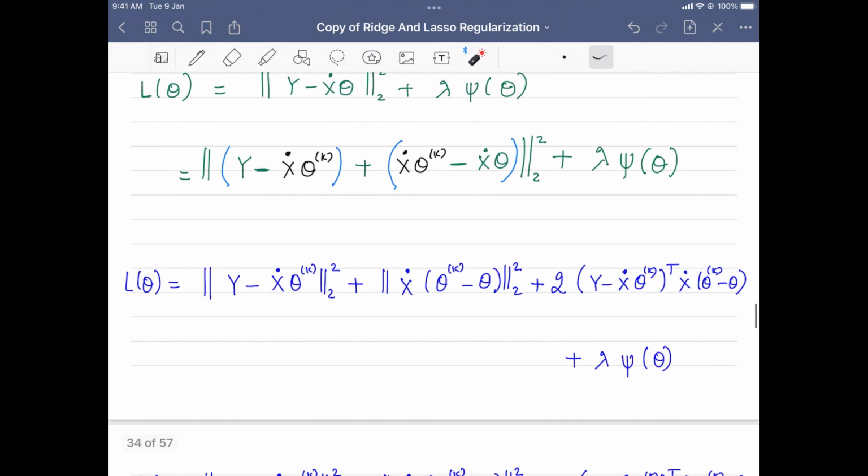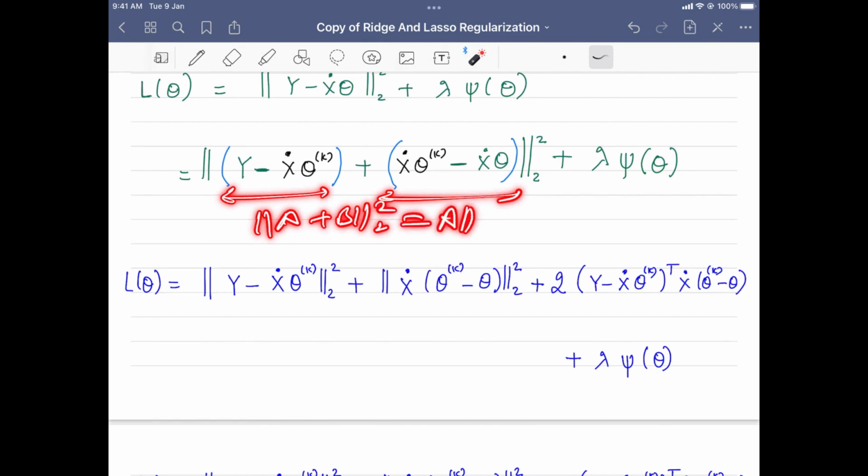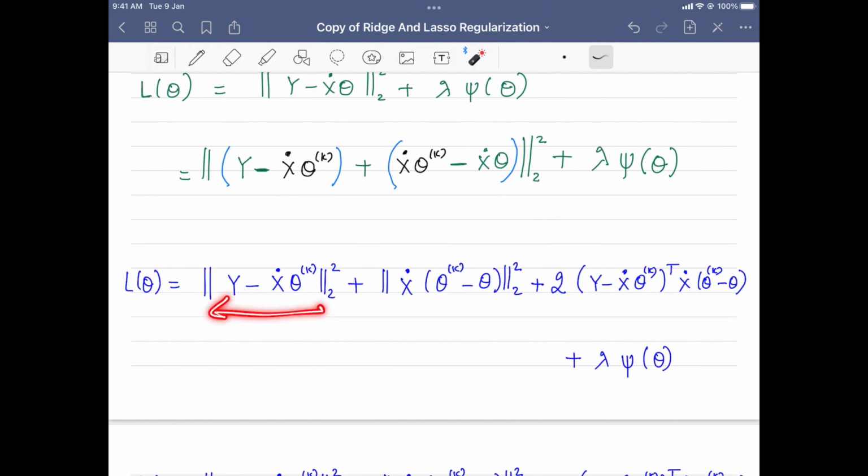Then you expanded the a plus b notation, so you write it as a square plus b square plus 2ab. That is the same thing, this one is a square, this is b square, and this is 2ab. This is the same one which we already have along with this expression.